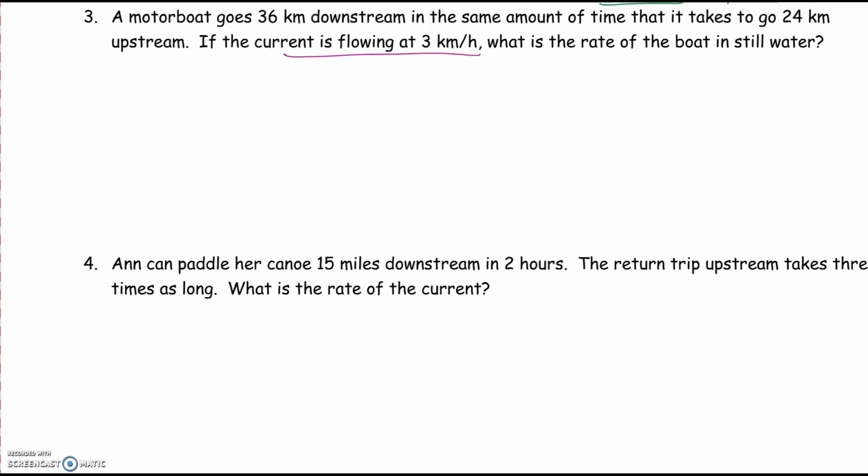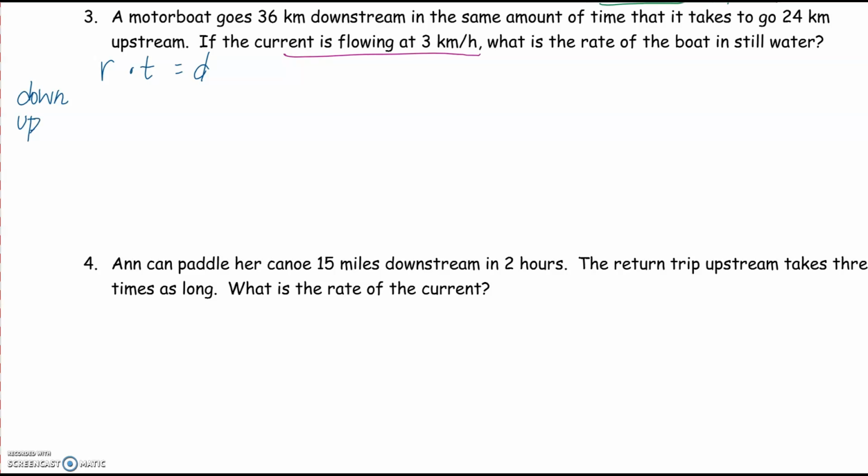Okay, so this time we have our current. So we have rate times time equals distance, and we're going to be going downstream and then upstream. I'm just going to do down and up.